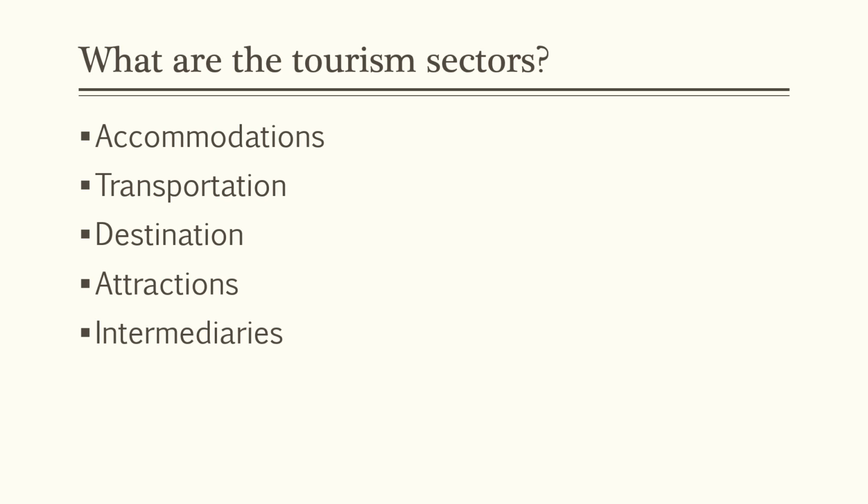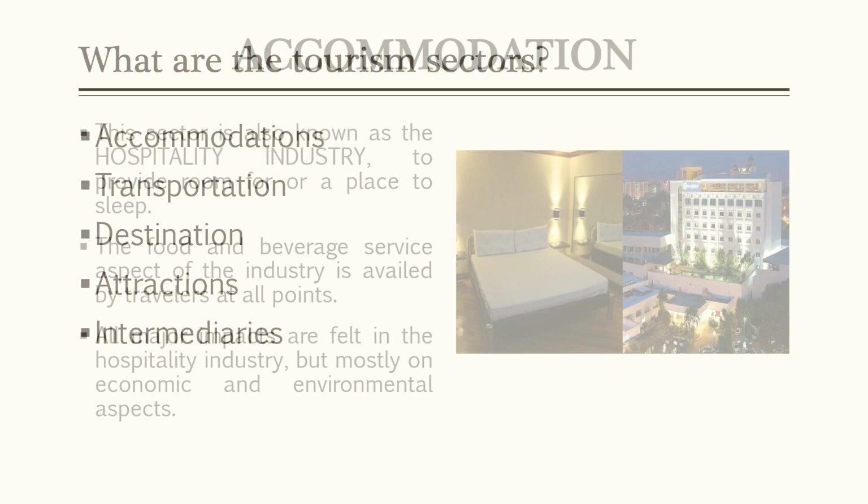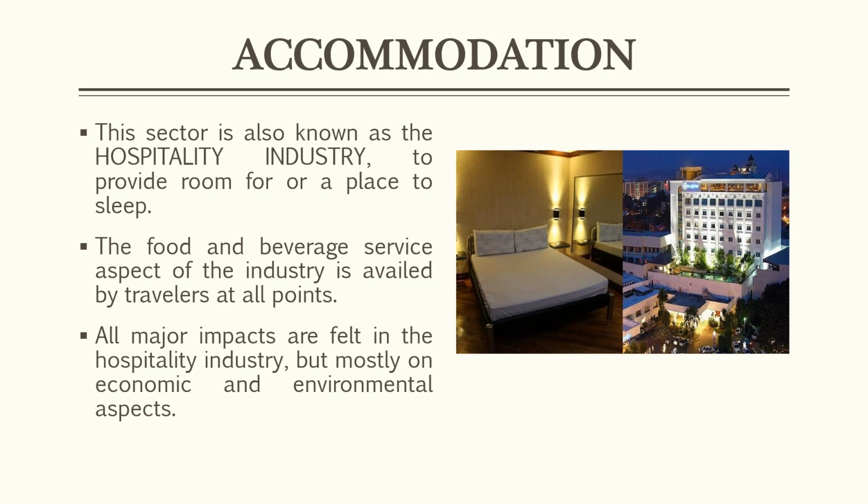We have identified 5 tourism sectors, and these involve accommodations, transportation, destination, attractions, and intermediaries. So first is accommodation. What is the accommodation sector? This sector is also known as the hospitality industry that provides a room or a place to sleep to our visitors.